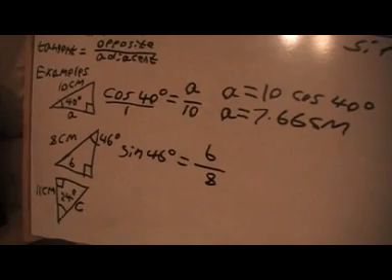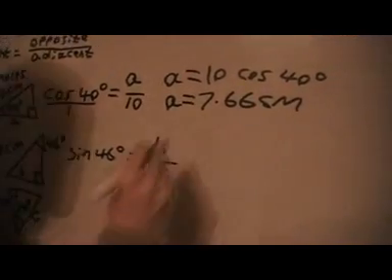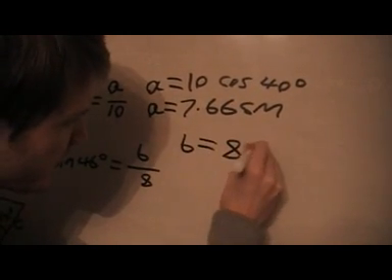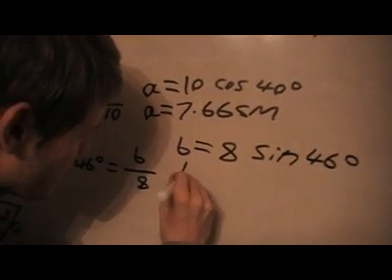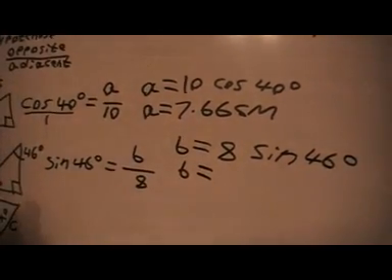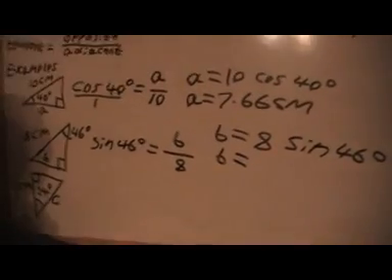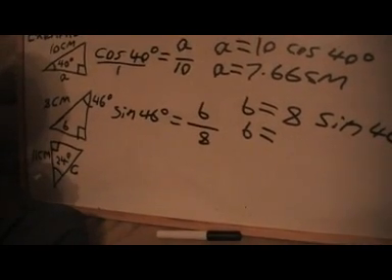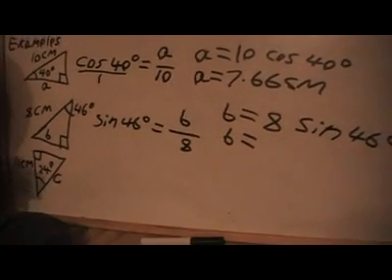And then in a similar way to the last one, we can cross multiply, rearrange, and we'll find out that B is equal to 8 times the sine of 46. And then I'll type that into your calculator and we'll see what we get here. 8 sine 46 degrees.